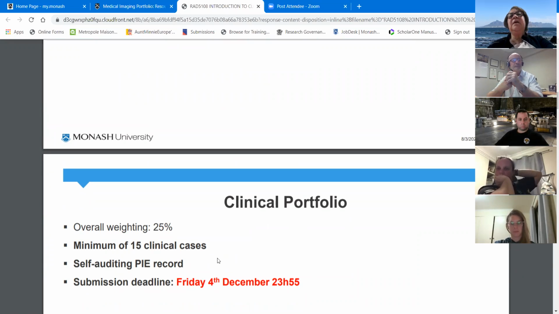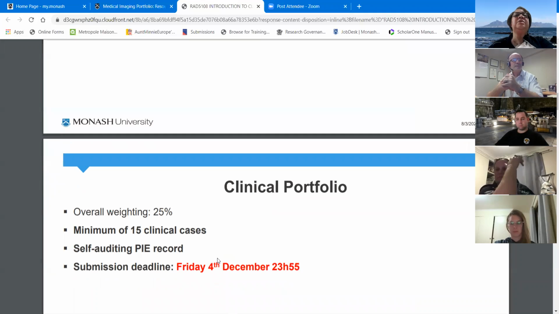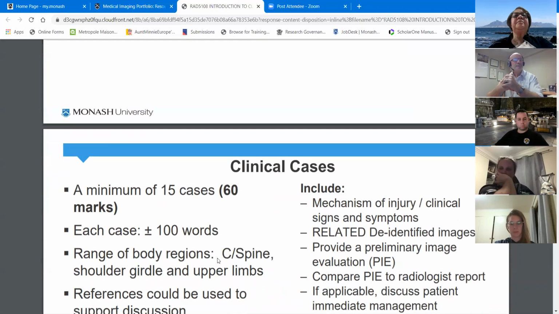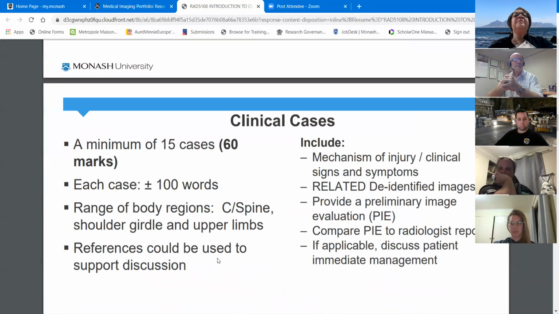The submission deadline for that, the last assessment, is on the 4th of December. It's a Friday, so 5 to 12 that evening is the latest that you need to submit it. And near the time, I will provide a Dropbox for the submission of your clinical cases.